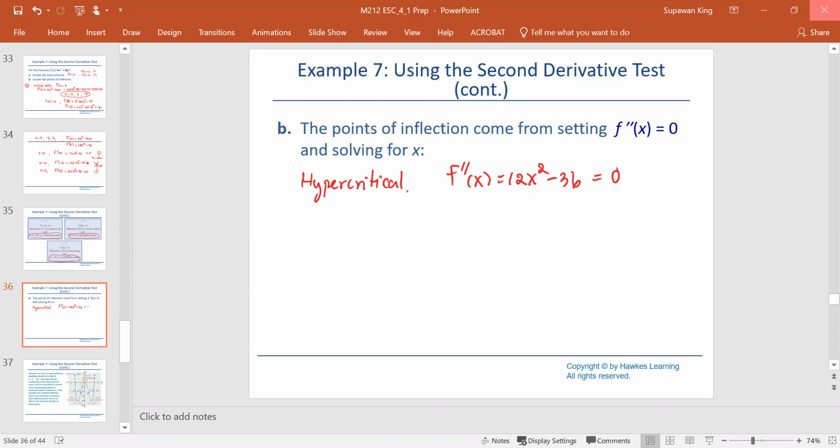Let it be 0. Factor 12 out: 12 times (x squared minus 3) equals 0. That means x squared minus 3 equals 0, which gives x equals square root 3 and x equals negative square root 3. So we have two hypercritical values.